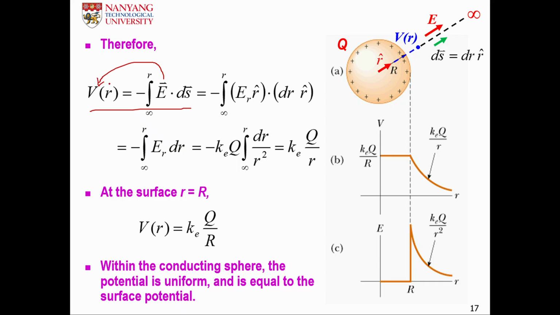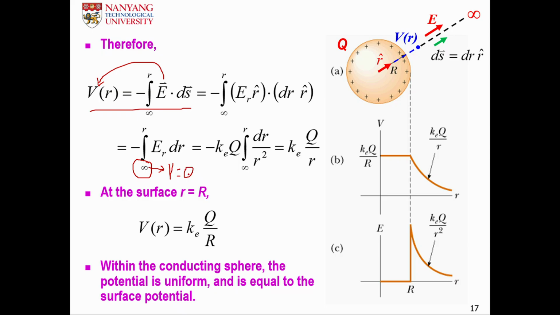Of course, in order to determine V at a particular point, normally we need to do this integration starting from infinitely far away, because at this point we always consider V to be 0.